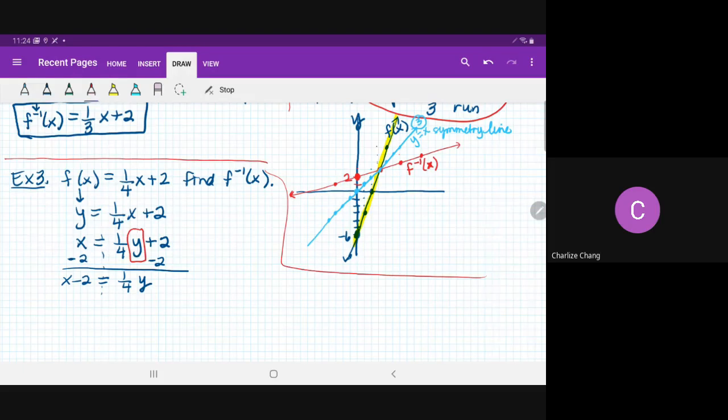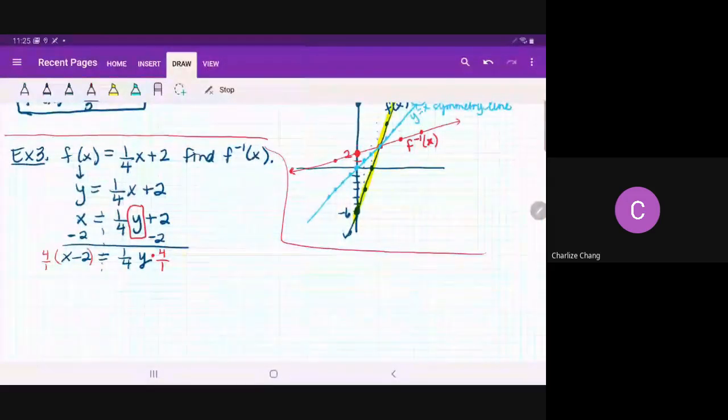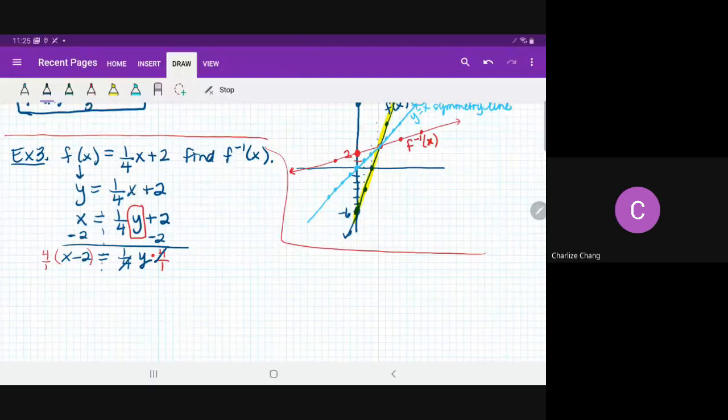Now, to get rid of a fraction, you can divide, but that's harder. So what we're going to do instead is you multiply by 4/1. It's called multiplying by the reciprocal. So you multiply by 4/1, and that's what will remove those. And over here, that's just a regular 4. I'll just cross out the one at the bottom.